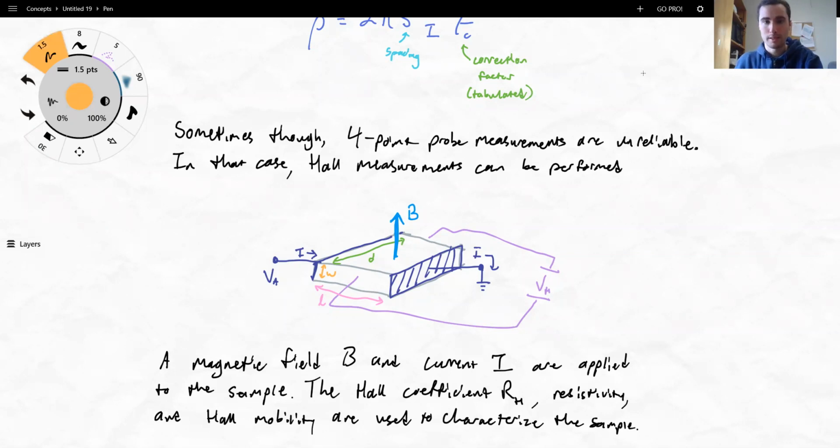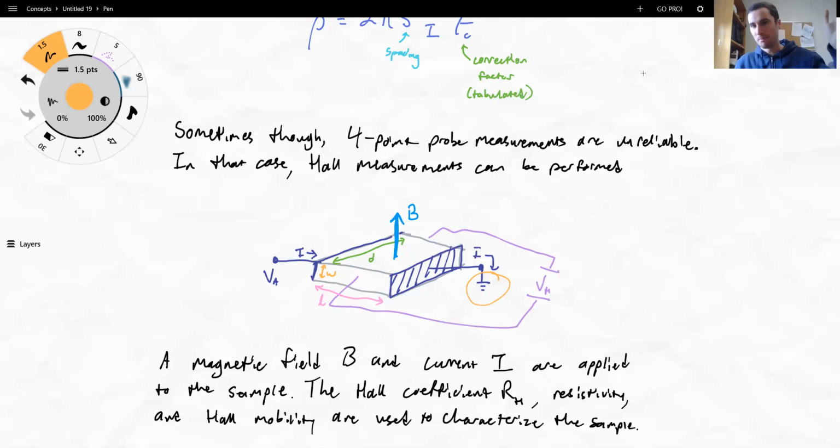The way a Hall measurement is set up is you have your semiconducting sample right here. We're going to pretend it's just a chunk of semiconductor. And you're going to apply a voltage. We have VA for V applied, which is going to cause a current to flow through, and we're just going to ground it out. If you're not familiar with electronic notation, that just means we're connecting it to ground.